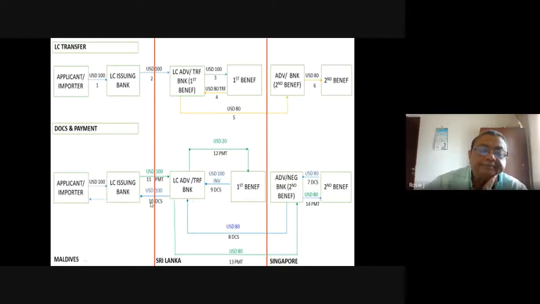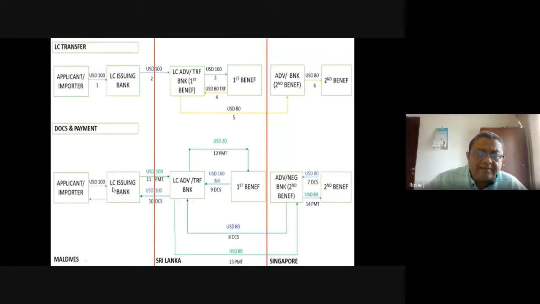Number 10, the $100 documents. Now, the $100 LC has no connection with the applicant. He might inform, he might have money, he may not have money. The bank might tell him nothing; that is between those two.